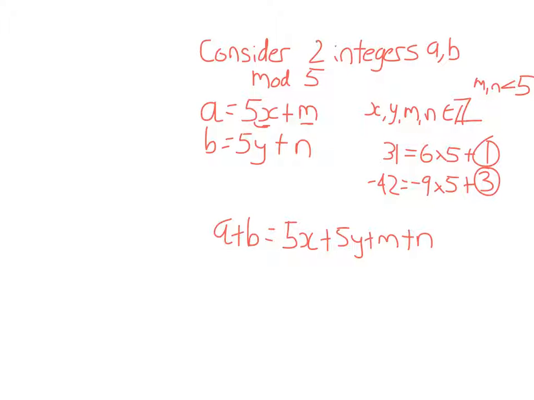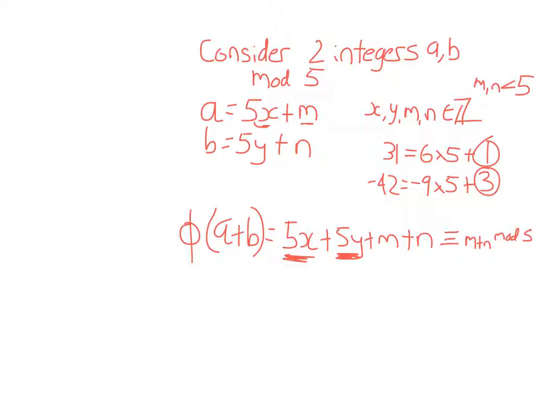So if I add them together and reduce modulo 5, this will be 0 mod 5 because it's a multiple of 5. This will be 0 mod 5 because it's a multiple of 5. So I'm just left with m plus n mod 5. Okay? So what I've done here is I've added them up and then reduced. So I've added them first and then I've mapped them according to phi.